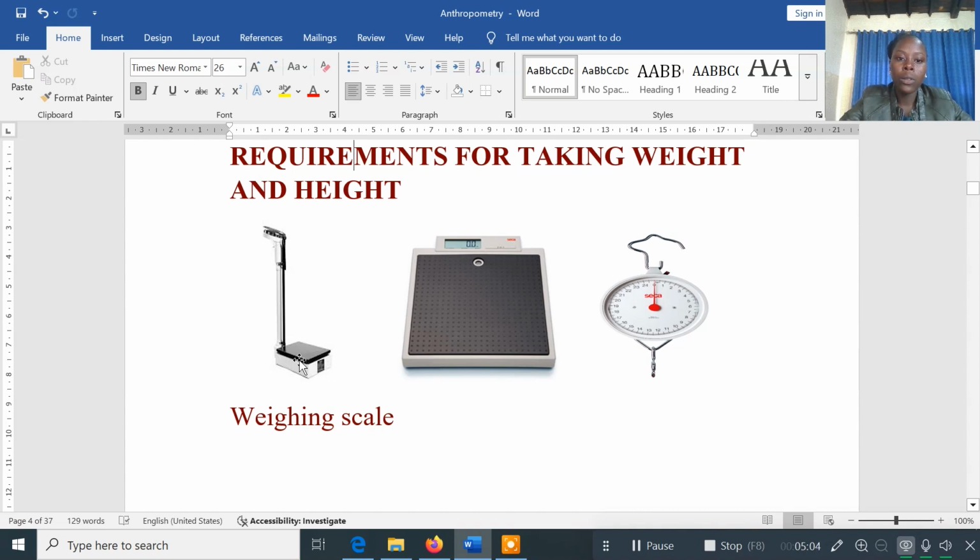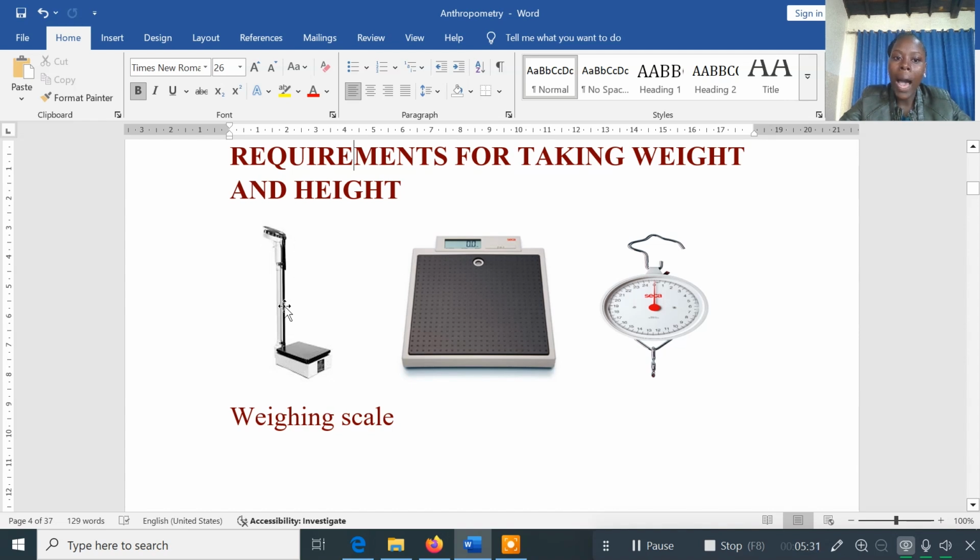So we have this one here, the first one. This one is a weighing scale, but the unique thing on it is that it has what we call a measuring pole. So this one is self-contained. It can be used for taking weight. A client stands on this board here, and it is able to display his or her weight at this gauge.